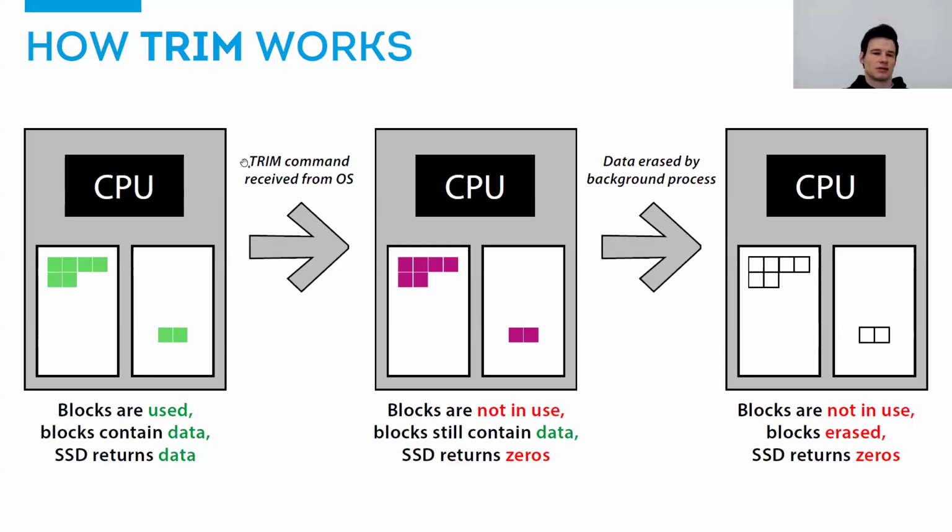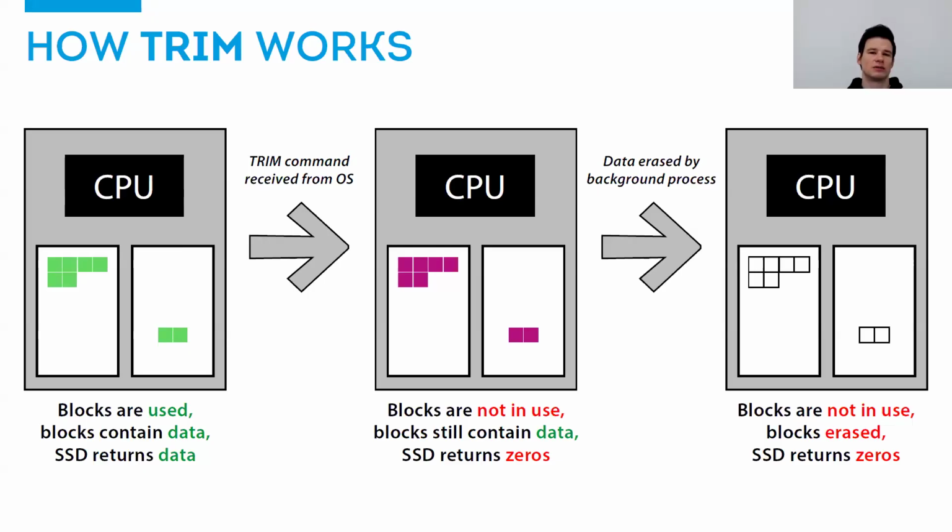Then, as soon as the operating system sends the trim command to the SSD, blocks stop being in use, but the blocks still contain data. But the SSD on the translator level thinks that it is right now empty.